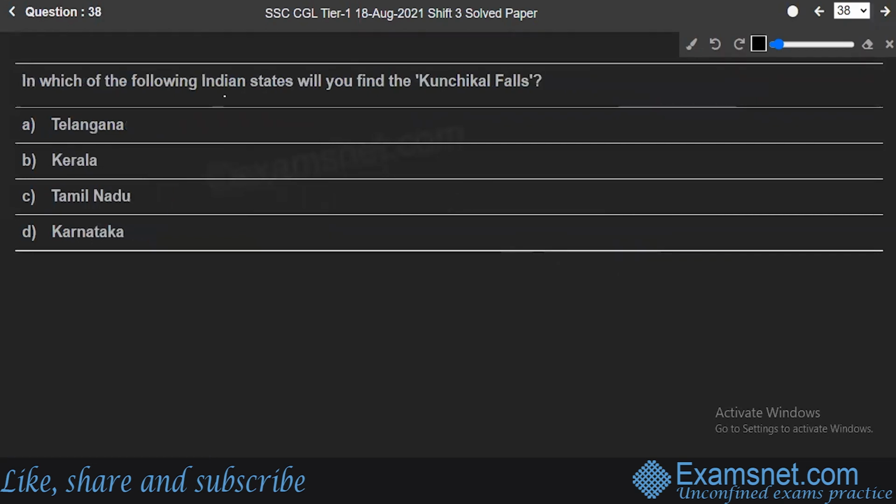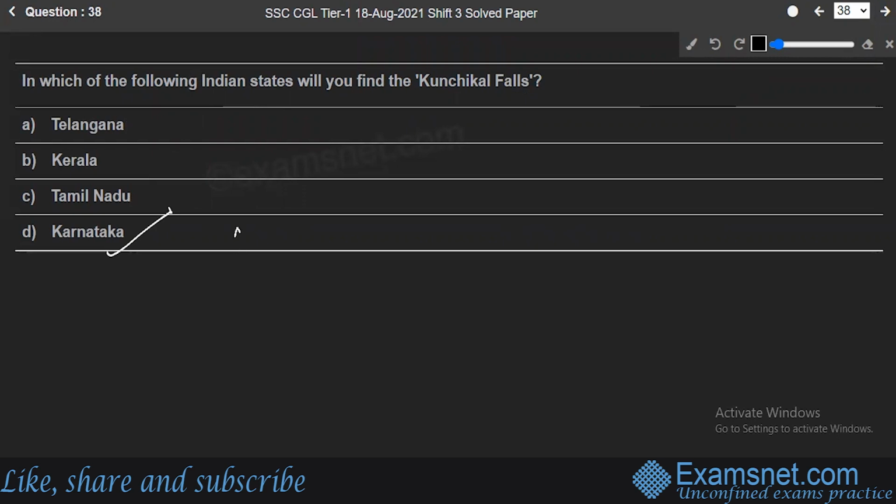In which of the following Indian states will you find Kunchikal Falls? Is it Telangana, Kerala, Tamil Nadu, or Karnataka? Well, the Kunchikal Falls is found in the Shimoga district of Karnataka. Option D. It is formed by the river Varahi.